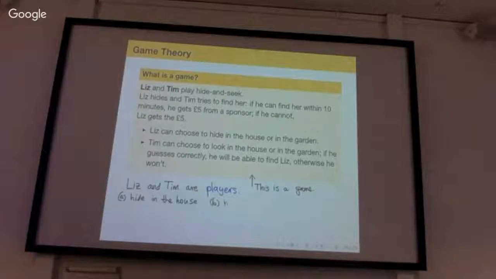B, hide in the garden. These are called actions, or they're also called strategies. Both words can be used for this.